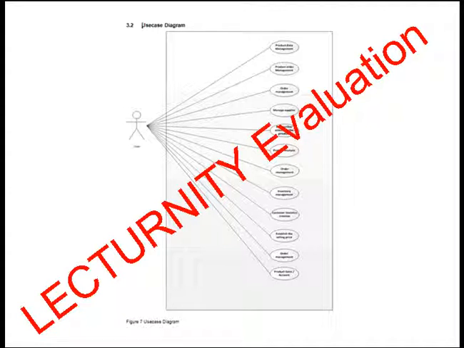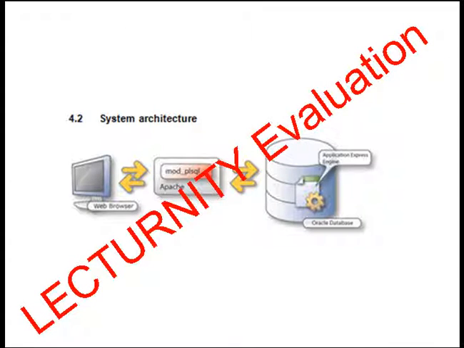Now let's come to the second part, meaning the technical documentation for implementation. In this section, we will see how we are going to make the whole thing work, meaning what hardware and software we need to purchase, to order, to update, etc. For example, in the system architecture, as you can see in the figure here, the company must have some PCs connected to the web, and then we have the database.